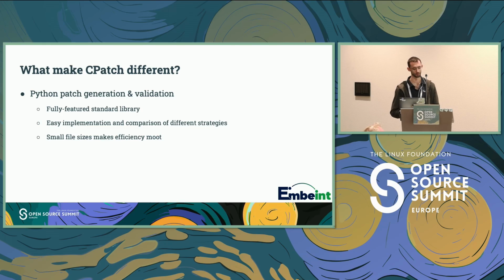And because we're generating diffs for embedded applications, the file sizes are generally small. The efficiency problems of Python don't really matter in this case, whether it takes 100 milliseconds or 500 milliseconds, you don't really care for this use case.